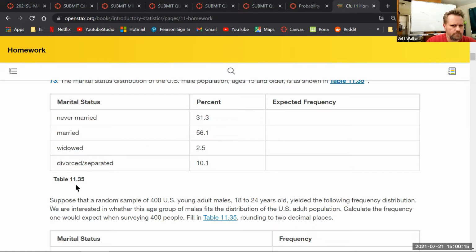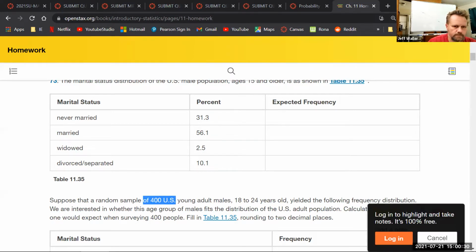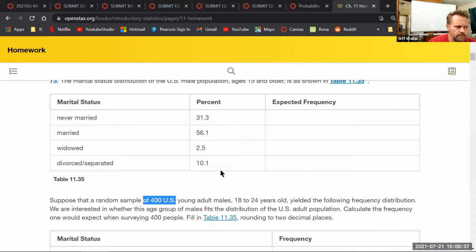You with me? 31.3% of any group would be expected to be never married. How big is the group we're talking about? 400, right? So then what's the expected total number here? 31.3% of 400. But don't do 31.3, of course, you got to make it a decimal.